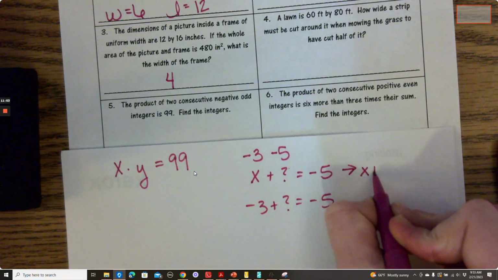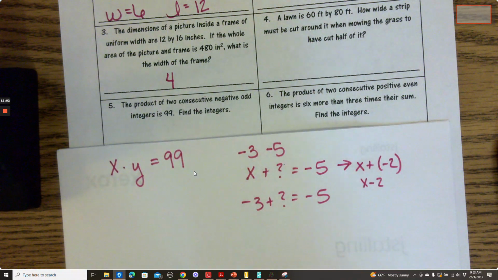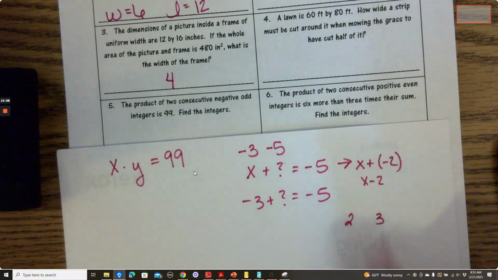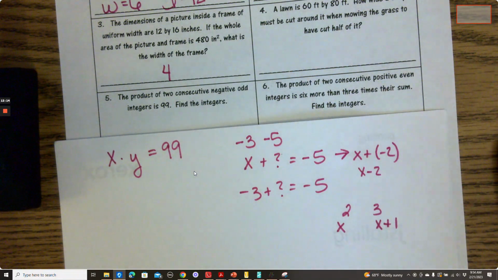So x plus -2, or x minus 2. So those are my consecutive integers. Say it said just two consecutive numbers, 2 and 3, right? 2 would be x, 3 would be x plus 1, the next number.